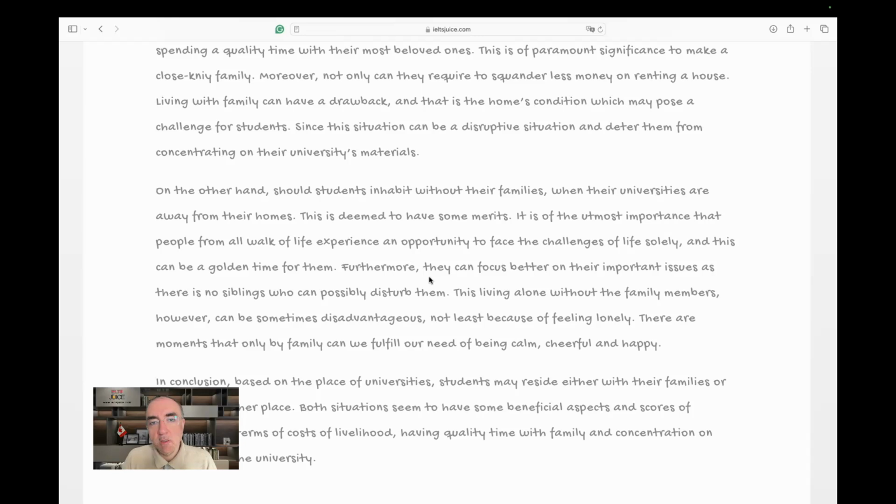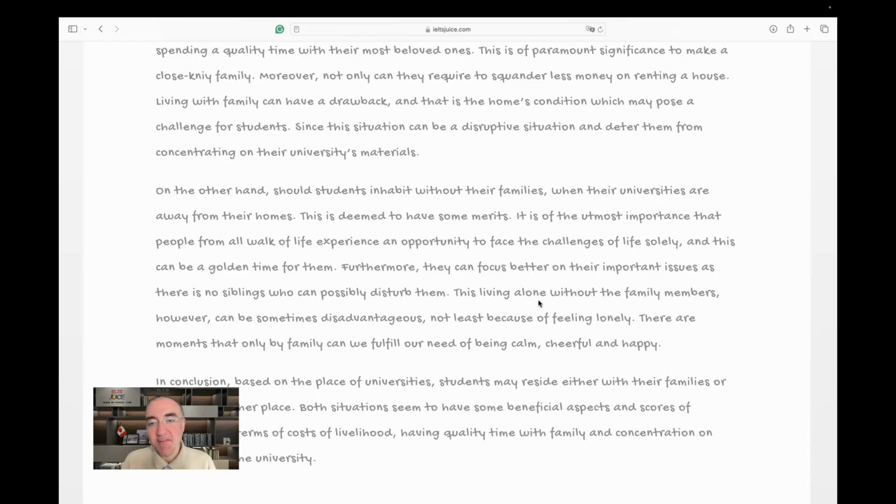Furthermore, they can focus better on their important issues as there are no siblings who can possibly disturb them. You know what I'm talking about when we say the disturbance that comes from siblings. Good.